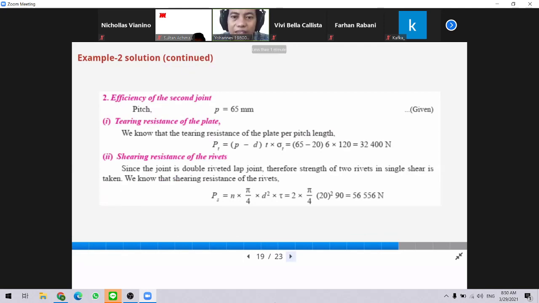And now the tearing resistance, because the pitch length changes, becomes 65 millimeters. Then the allowable load on the joint is 32 kilonewton. So we can see here that the number of rivets doesn't change the formula here.